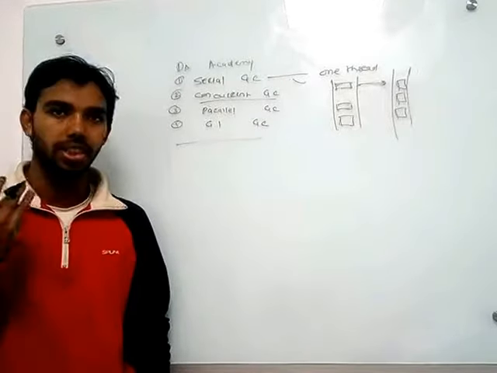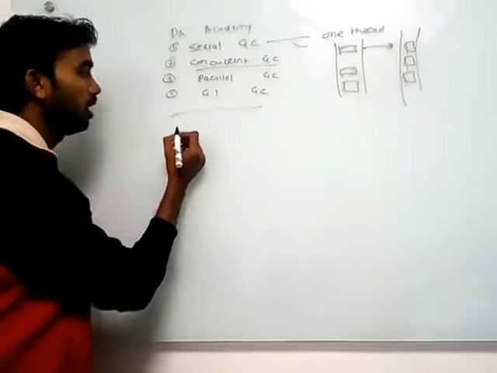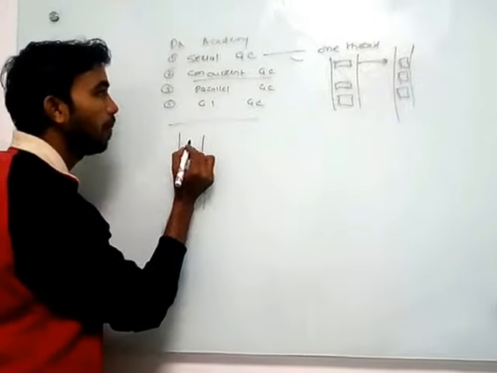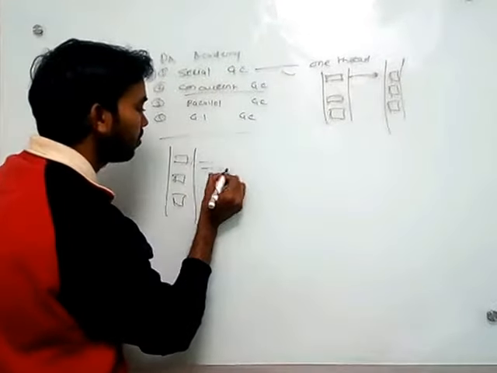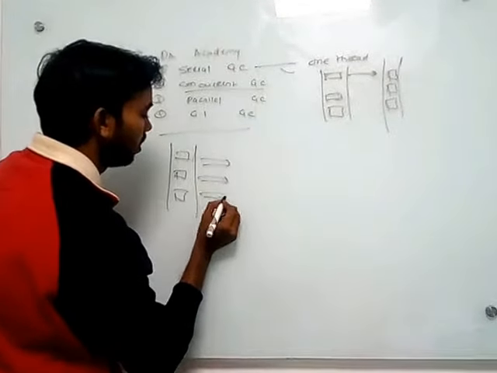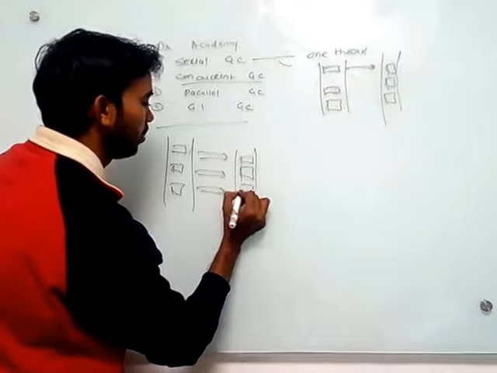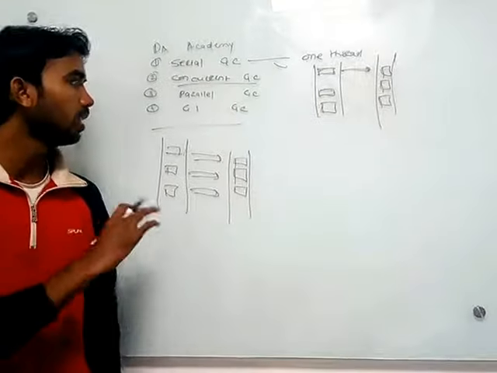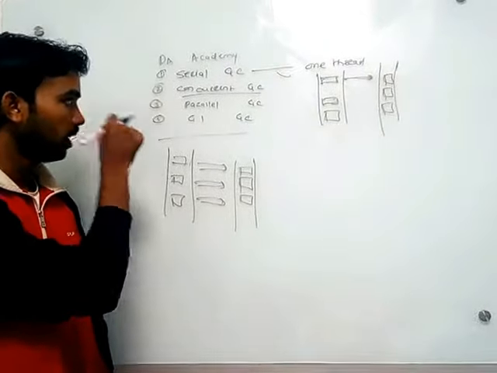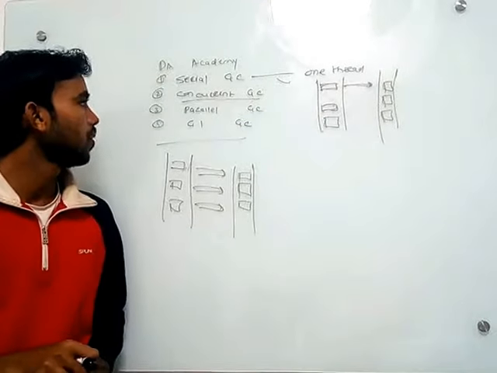It will increase your performance also. For that, we use concurrent garbage collection. More than two objects can be passed from one generation to the second generation using multiple threads.